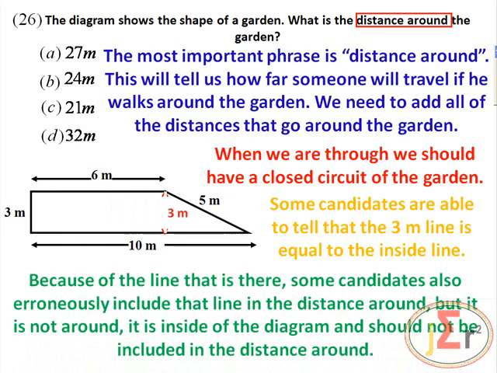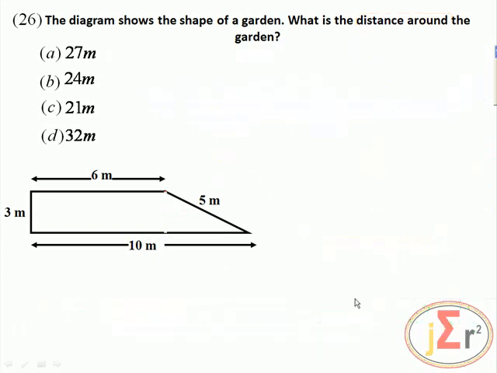Because of the line that is there, some candidates also erroneously include that line in the distance around. But it is not around, it is inside of the diagram and should not be included in the distance around.